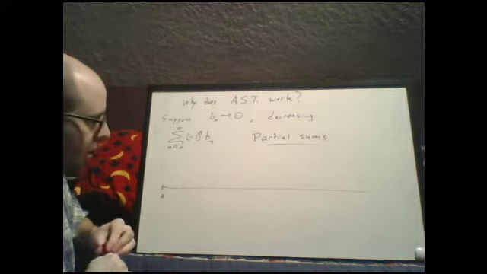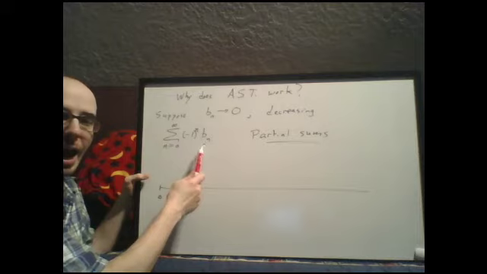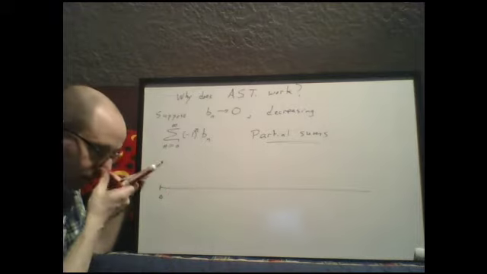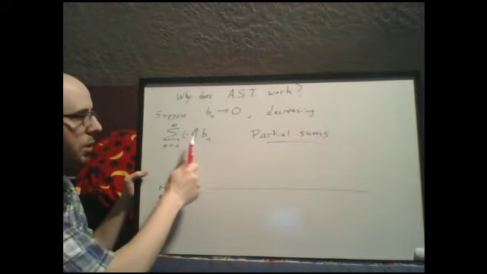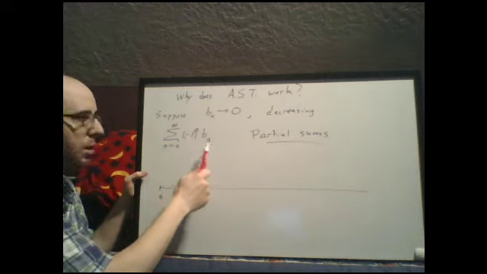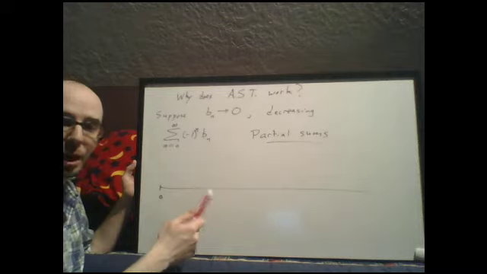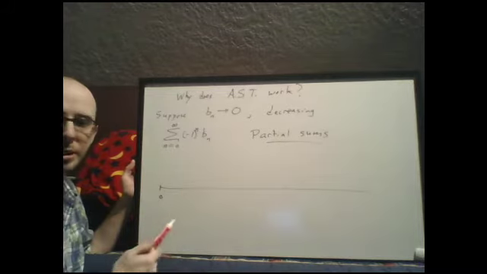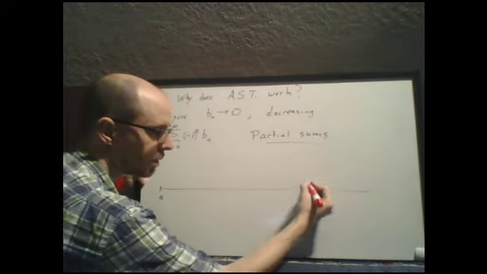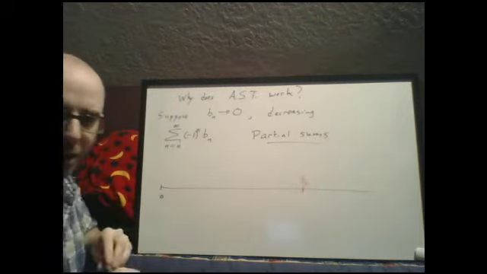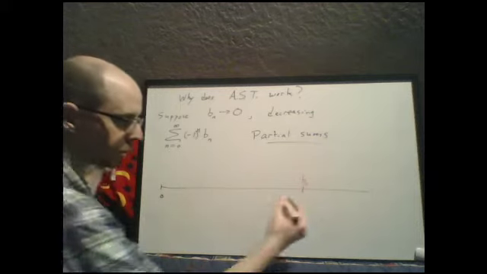Remember, the partial sums are: I add one term at a time to this sum. So I add the 0th term. When n is 0, I have (-1)^0, that's 1, times b0. So b0 is a positive number because our sequence of b's is positive. It's going to be somewhere out here, so let me label it b0. In particular, this is S0, the 0th partial sum.